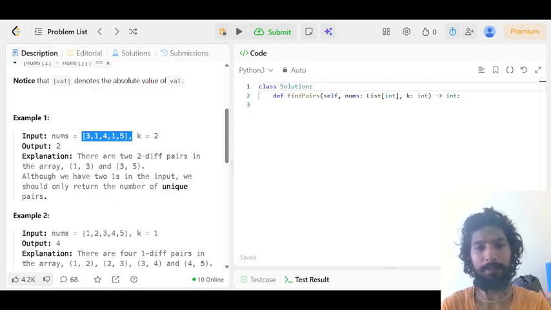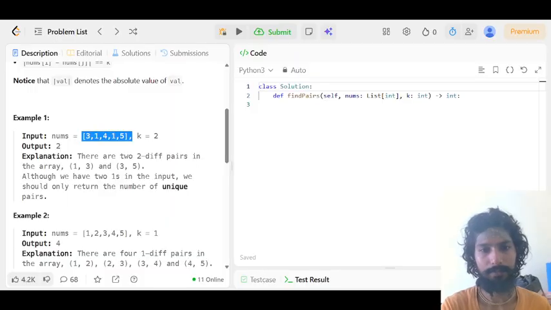The first approach that will come to mind is to check every possible pair using two loops. That approach would work, but it would take quadratic time. So let's write that down.